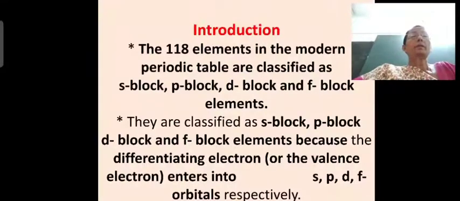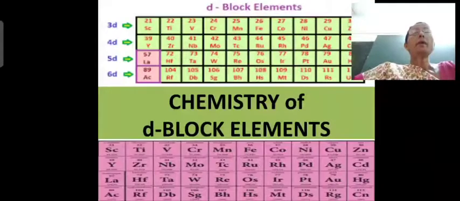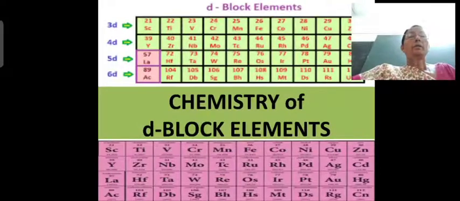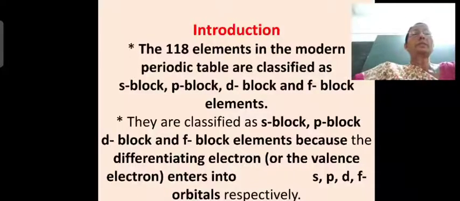Okay, 21. And the 4D series starts with yttrium, 39. The 5D series starts with lanthanum, and the 6D series starts with actinium, atomic number 89. Now we will move to the next slide.